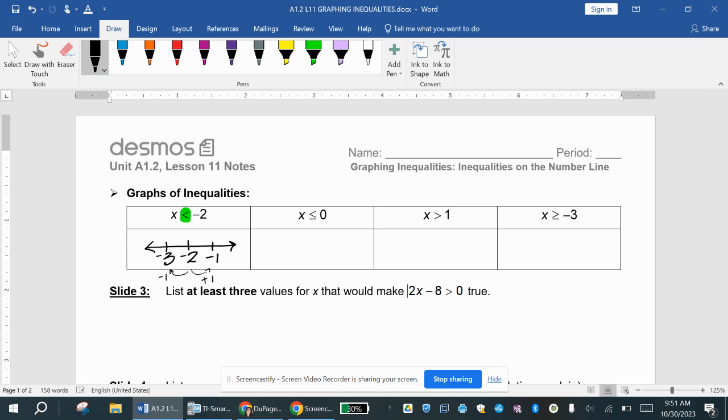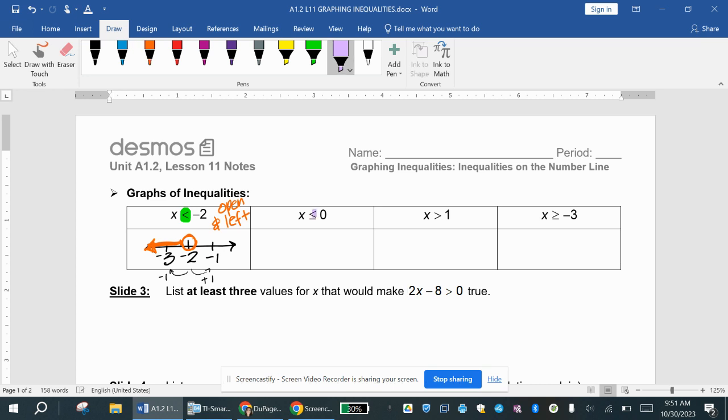So on a number line, next to the -2 would be a -3 on the left and a -1 on the right. So for this, we use an open circle because x can be any number less than -2, not equal to -2. So we can pick any number to the left. This symbol means it's going to be open and you're going to shade to the left.